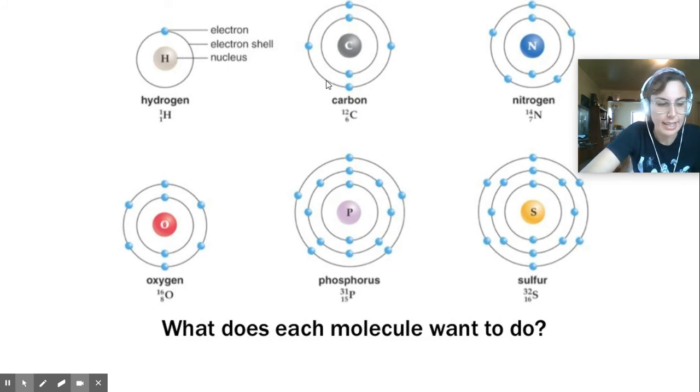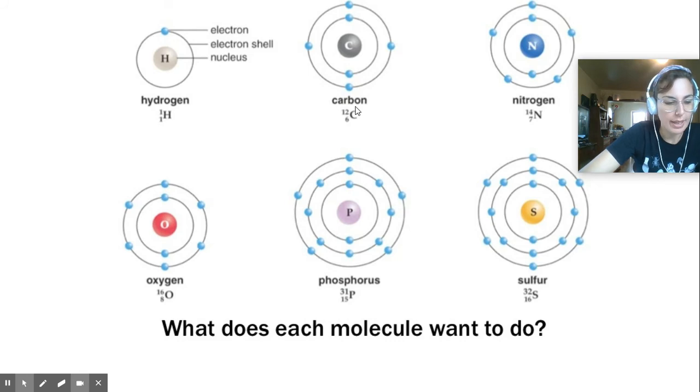Because of its 4 electrons in its outermost shell, it is one of the most bonded elements on the periodic table. The properties of carbon, because of the nature of its valence shell, make it one of the most prominent atoms in our body.